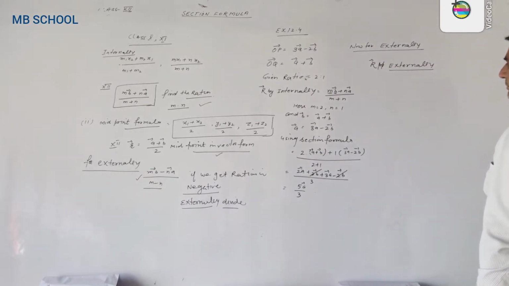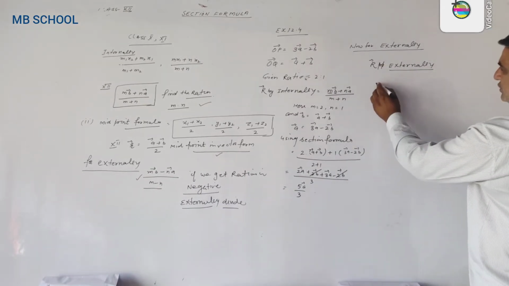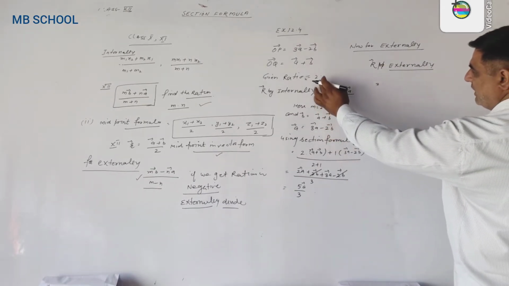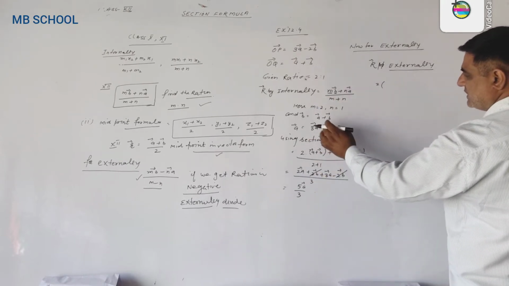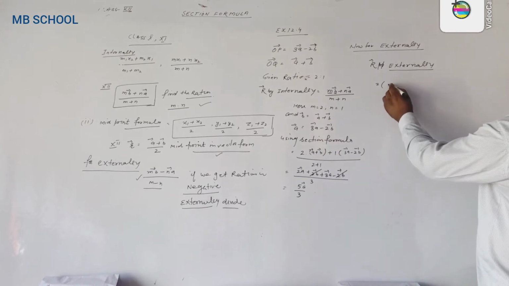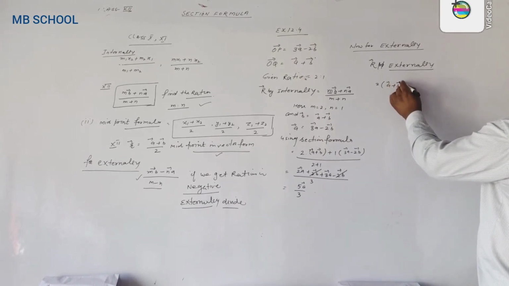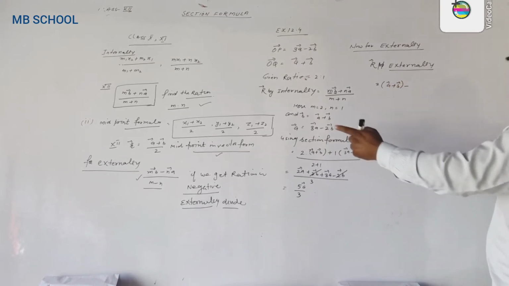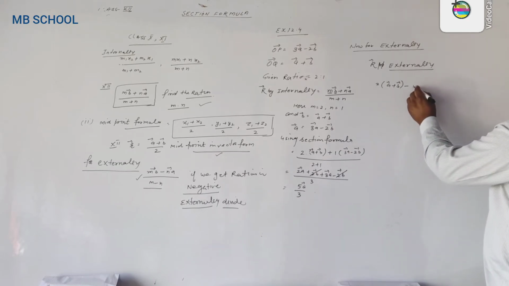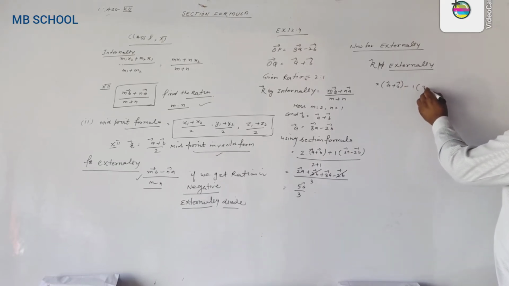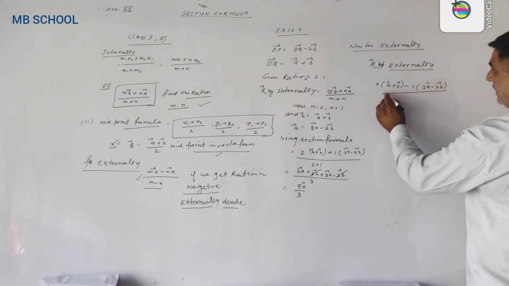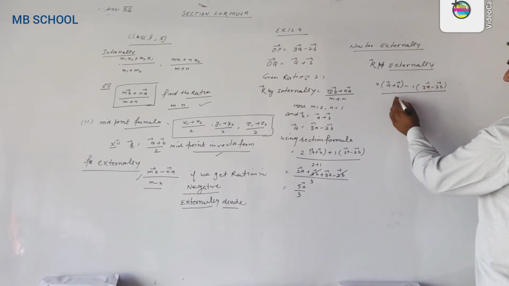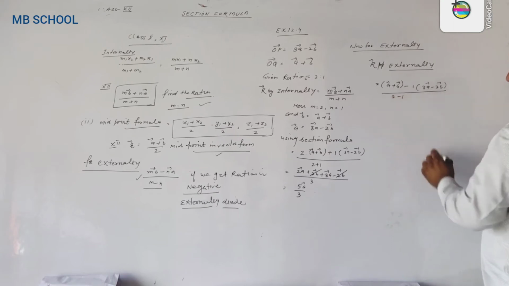m b vector, here the value of m is 2 into b vector, b vector means vector a plus b, then negative sign n into a, 3a minus 2b, by m minus n, 2 minus 1.